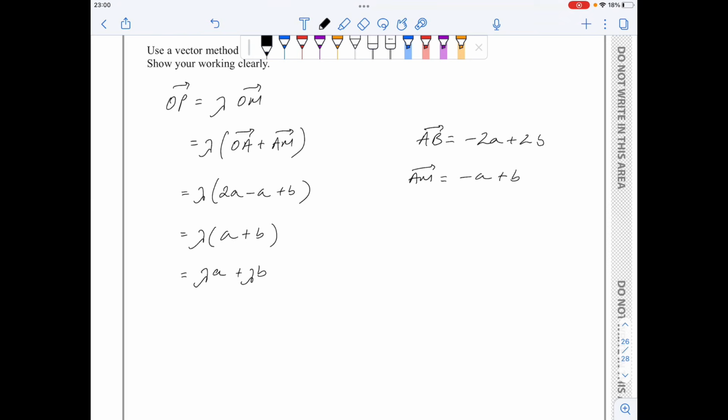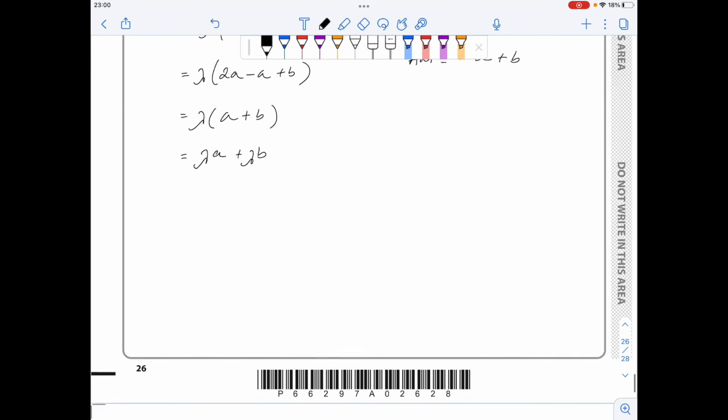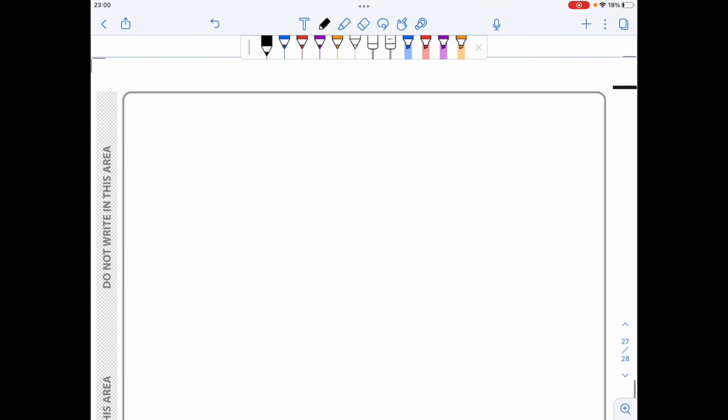Now, alternatively, I can go through A. So I'm going to do something similar on the next page. OP is equal to OA plus AP. So this is OA plus nu times AN.